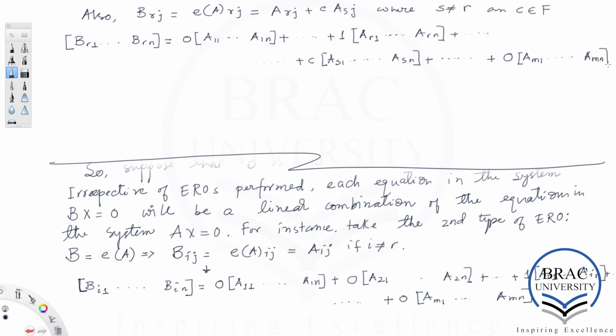So in this linear combination, the two non-vanishing contributions from the rows of A are from the rth row and from the sth row.